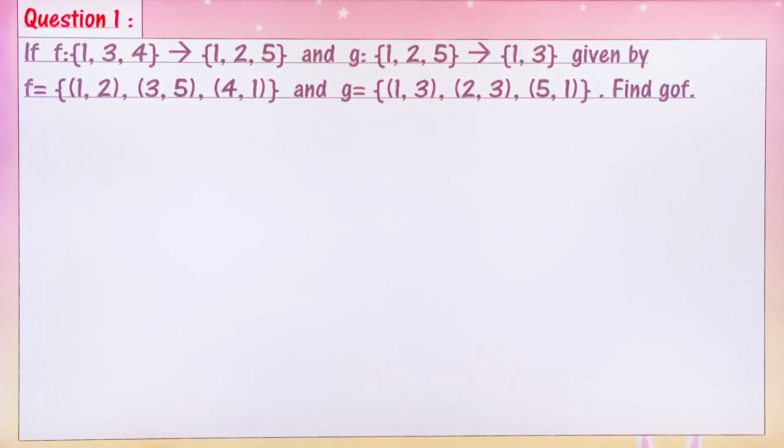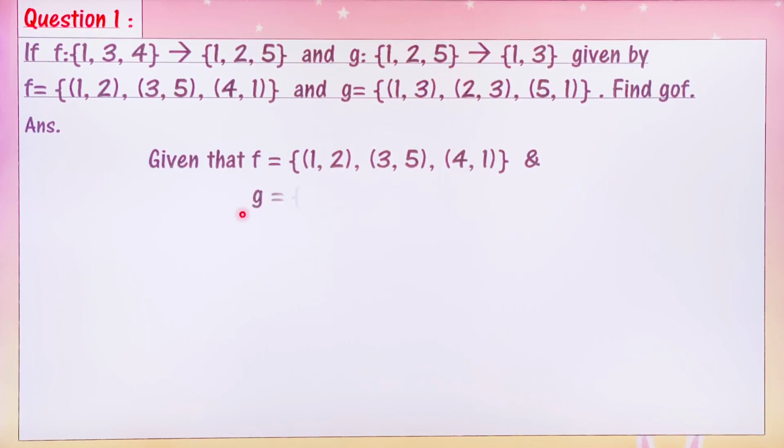Let's do some questions. If f is from set {1, 3, 4} to set {1, 2, 5} and g is from set {1, 2, 5} to {1, 3} given by f = {(1, 2), (3, 5), (4, 1)} and g = {(1, 3), (2, 3), (5, 1)}, find g circle f. From f and g, you can see that range of f is equal to domain of g.